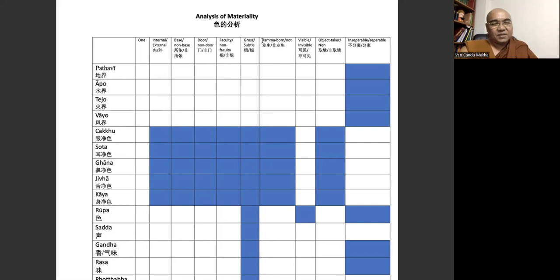Karma born matters are the rupa produced by karma, the result of karma, driven by craving and clinging: upadinna rupa. So we can simply understand them as karma born matters.